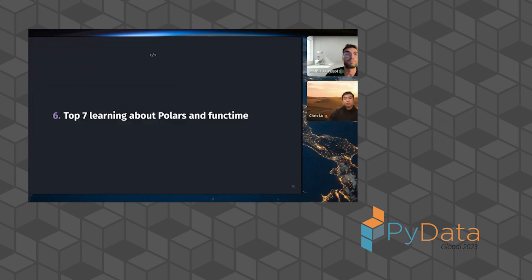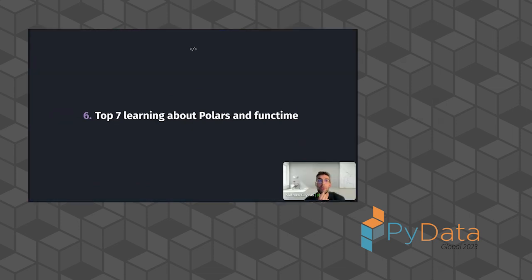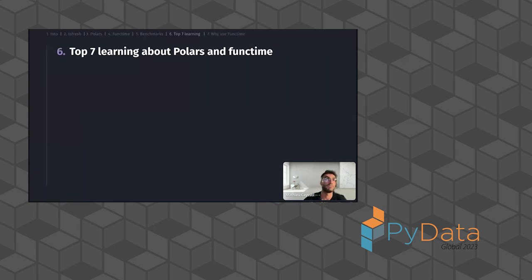Now I would like to talk a little bit about the things we learned all together with this community of contributors. We made a top 7 of them about Polars and functime. The first one is that Polars is a very expressive language.